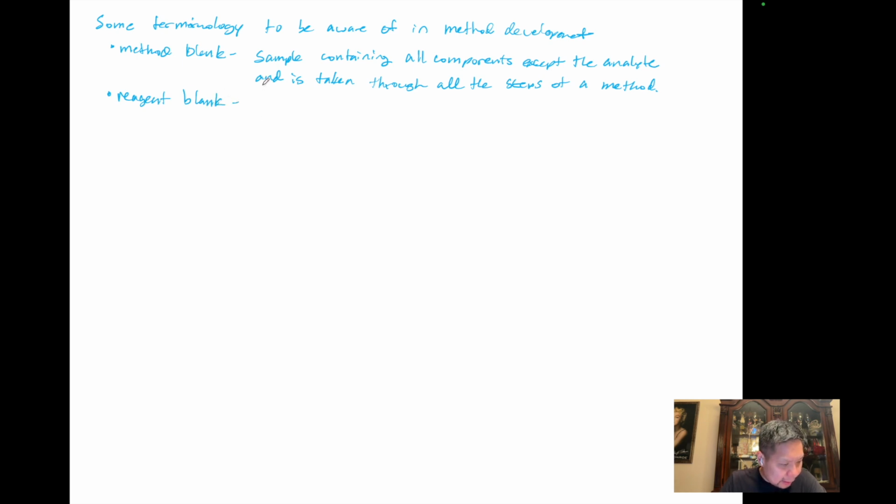The reagent blank is similar to a method blank, but is not taken through all of the steps of the method.